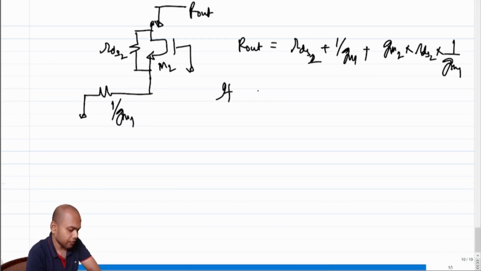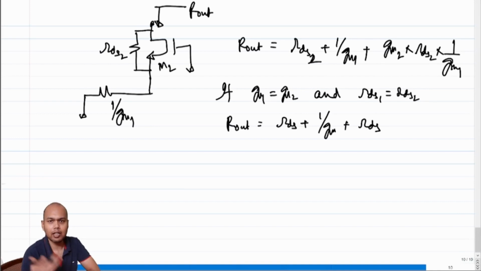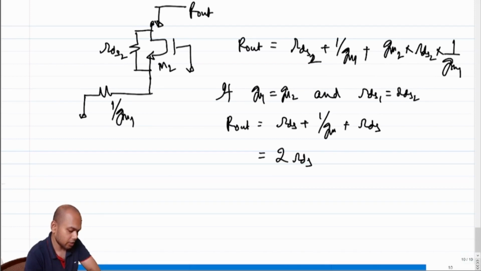right? If GM1 is equal to GM2, then R out becomes RDS plus 1 over GM plus RDS. Again, RDS will be the same, because if GM1 equals GM2, then RDS1 also is likely to be equal to RDS2, because same current, same size, so same RDS, which is approximately equal to RDS, right?